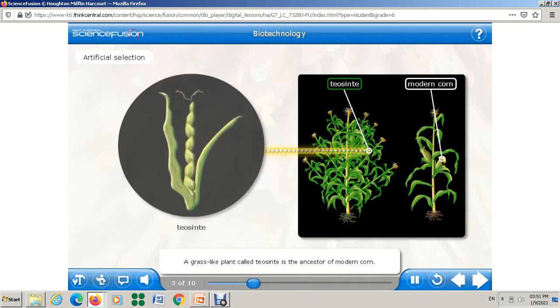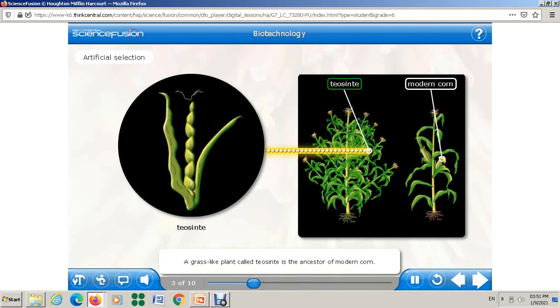Look at this. A grass-like plant called teosinte is the ancestor of modern corn. It developed seed pods that produced a single row of small seeds. Teosinte originated in Mexico and Central America, where people used its seeds for food thousands of years ago. Look at the modern corn now.